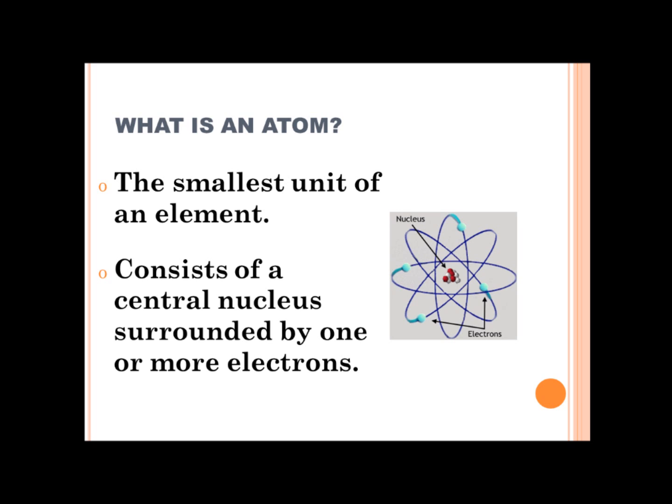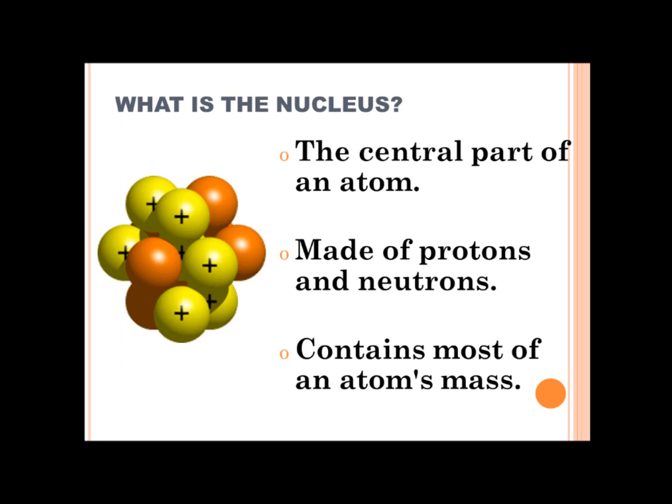And an atom has a nucleus, and they're surrounded by at least one electron that's kind of moving around the nucleus. So we're going to talk about all these parts one by one. All right, so the nucleus is the middle of the atom, in the very center.